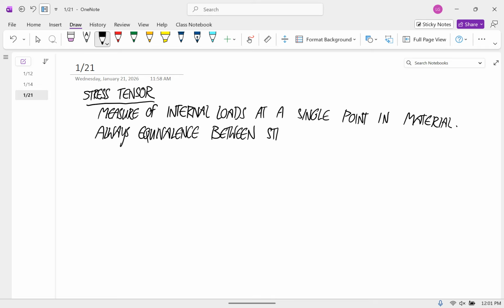There's always an equivalence between the stress tensor, in parentheses, I'll say, the Voigt stress, and the stress cube.